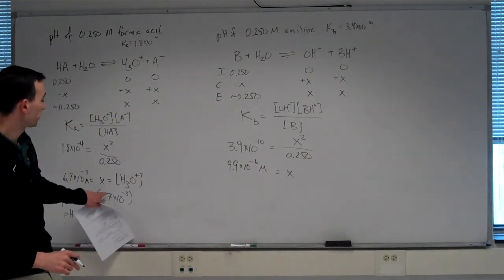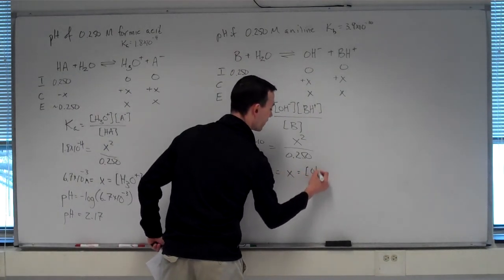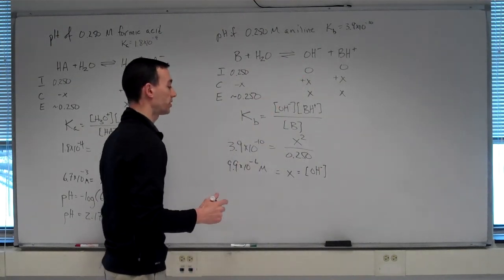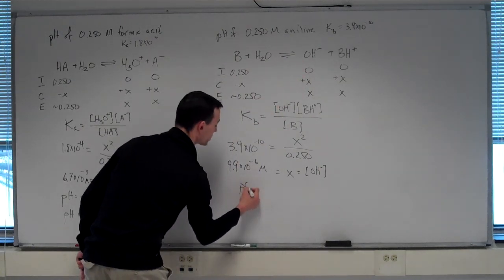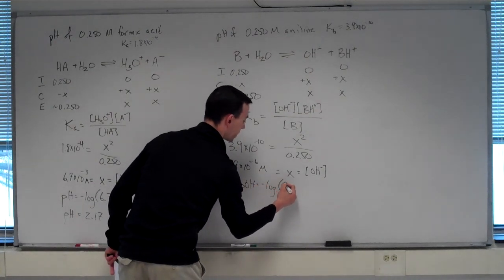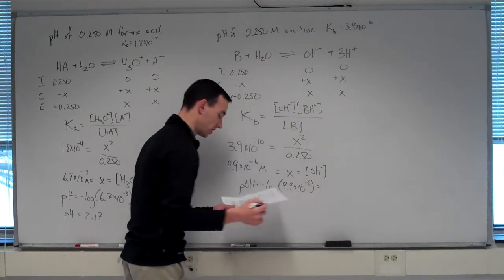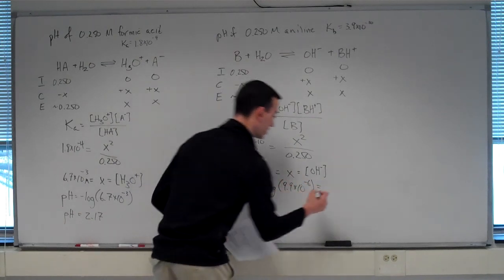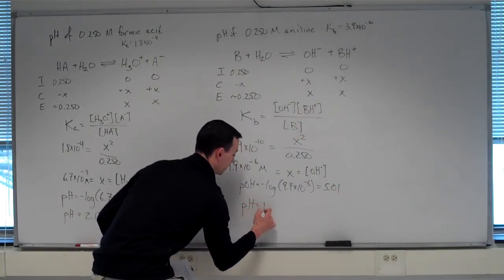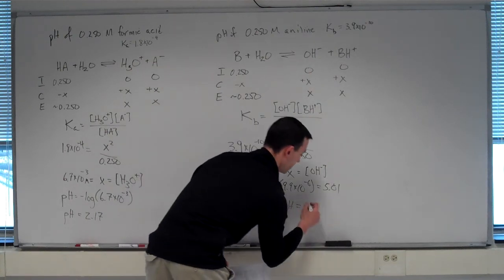Unlike the first problem, though, where that was what we were after for H3O+, we have chosen x to represent hydroxide because of the reaction that we have. So this adds a little step to our work. We need to take the negative log of that to get the pOH of this solution, which is 5.01, and then the pH is 14 minus that pOH value, 8.99.